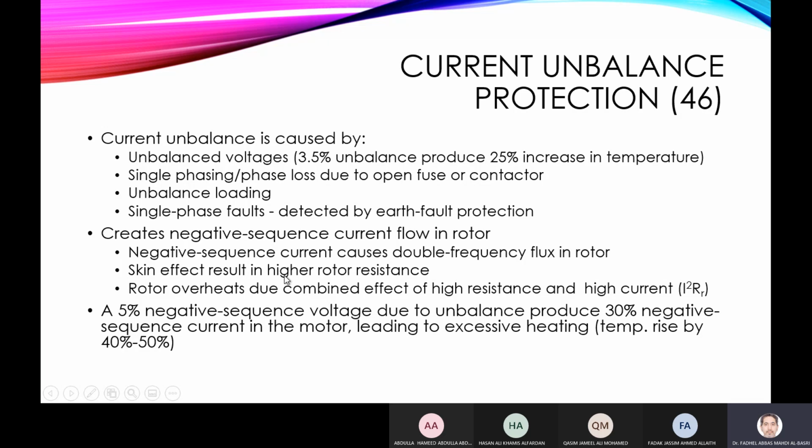It will create a negative sequence current, and this negative sequence current will be of a double frequency, and that will cause skin effects because of the higher frequency, and the rotor resistance will also increase as a result, and due to higher current and higher resistance of the rotor, the combined effect will increase the rotor overheating.